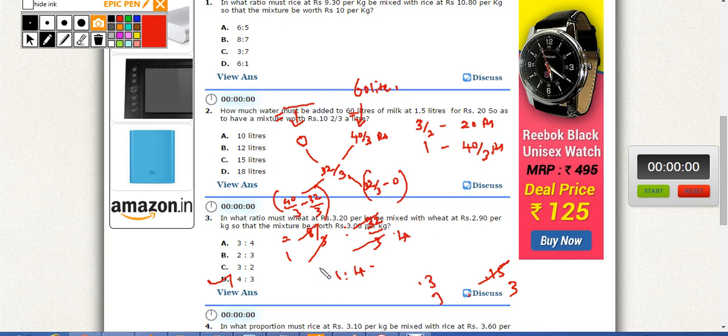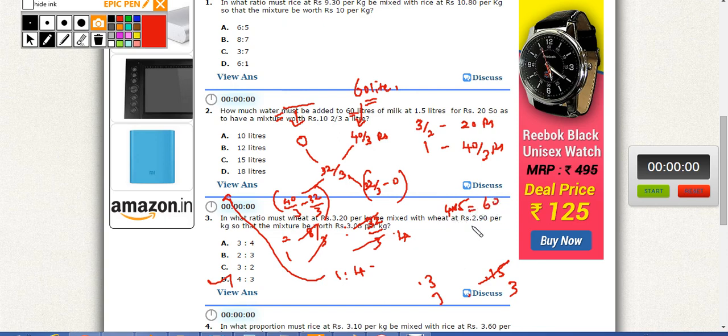But what has been given here? It has been given that there are 60 liters of milk. So how many liters of water should I add? So 4 into 15 gives us 60.